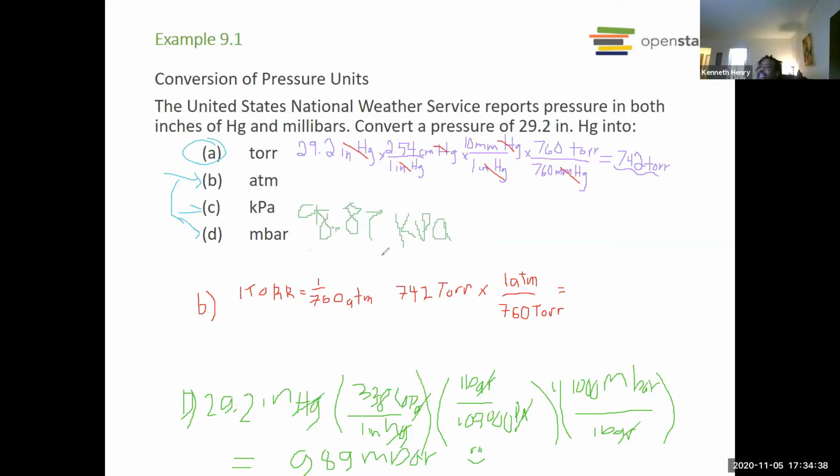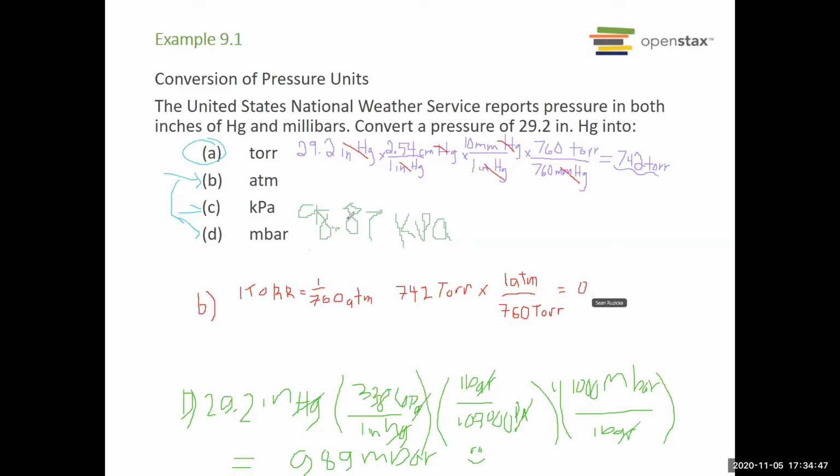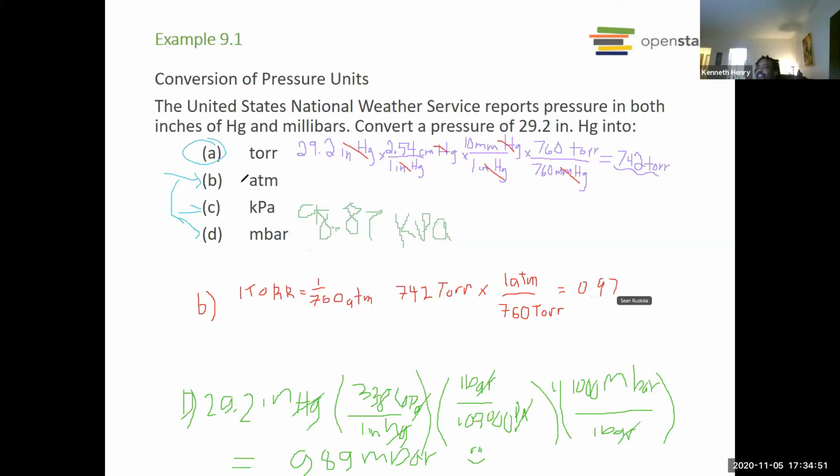Primitivo, you can't just give me the answer. I don't want just the answer. I want how you got there. Oh, I answered letter D. Who did C? Oh, I know who did C. Where's the rest of it? Nadine, you asked for C and you just gave me the answer.